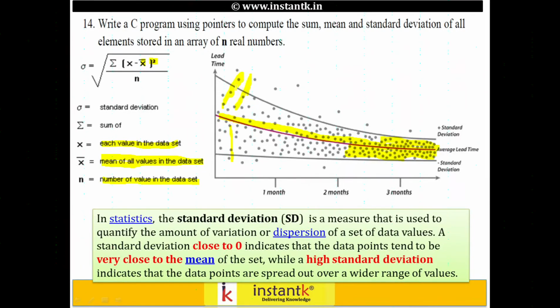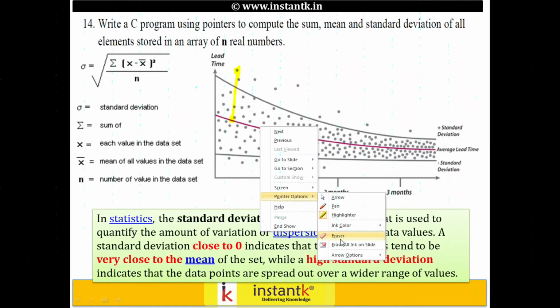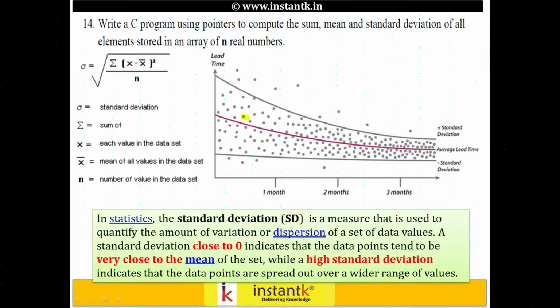So for each entry, this is a data point, and we take this data point minus the mean, squared, divided by n, and then the square root. If a point is very close to the mean, this difference is going to be smaller, so the result is going to be very close to 0.